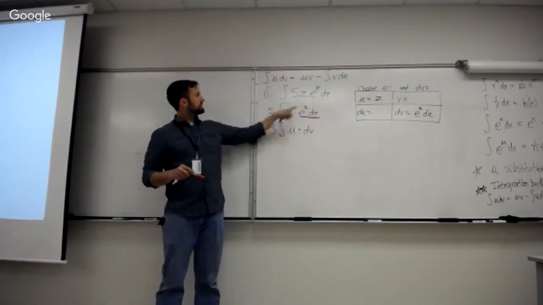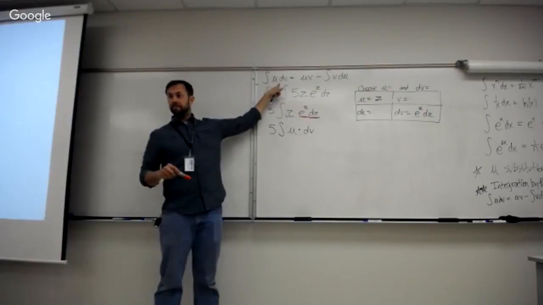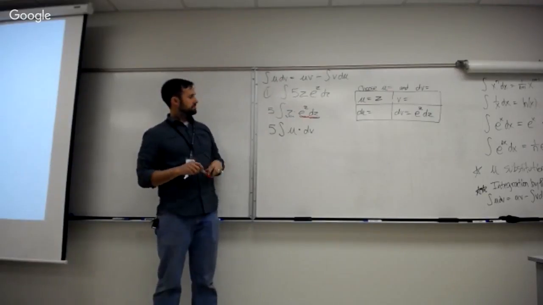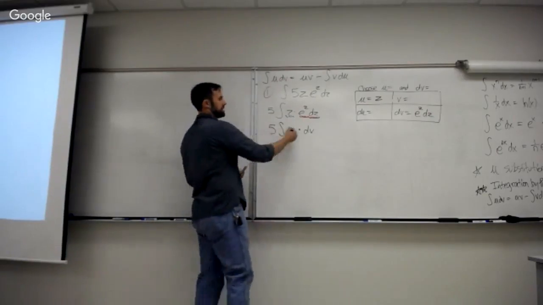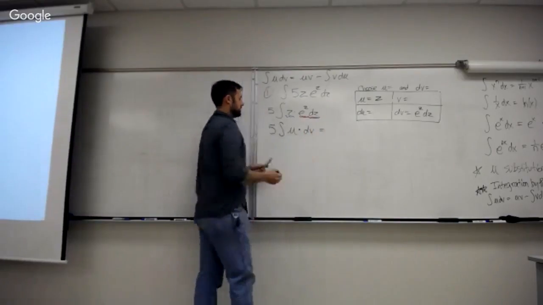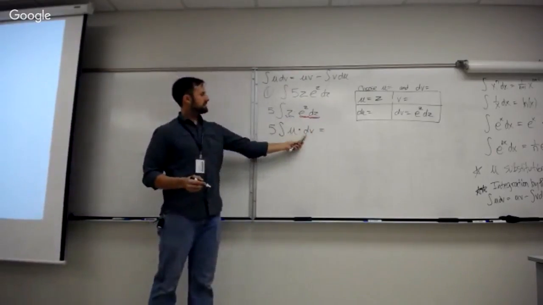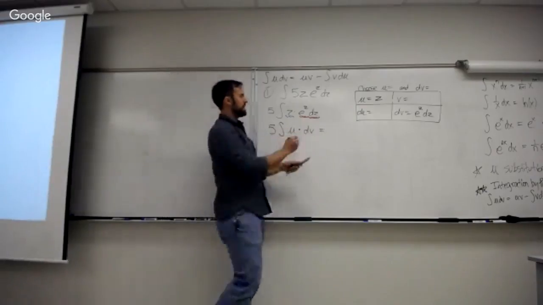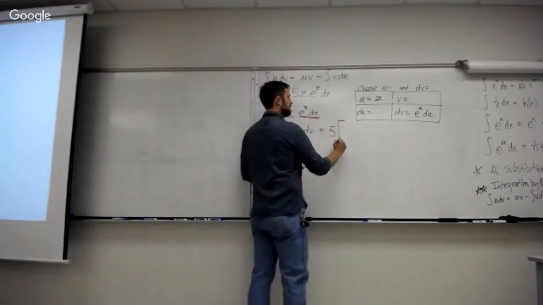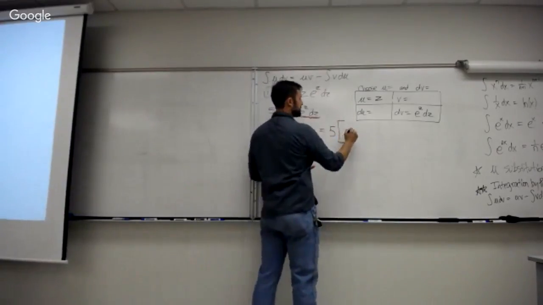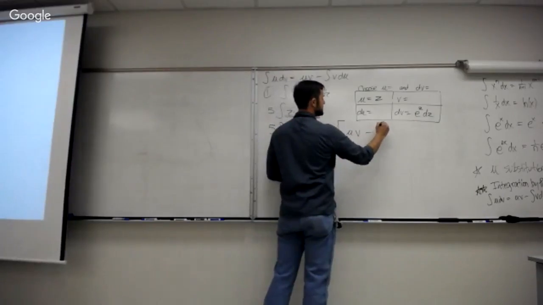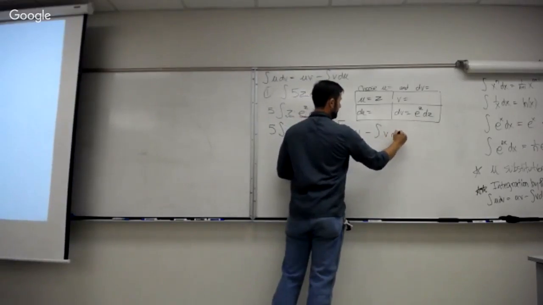Because now we can use this formula. And in fact, let's go ahead and write the formula down. We've got 5 times this, so technically we need to put a 5 over here as well. And we can write in the formula uv minus the integral of v du.